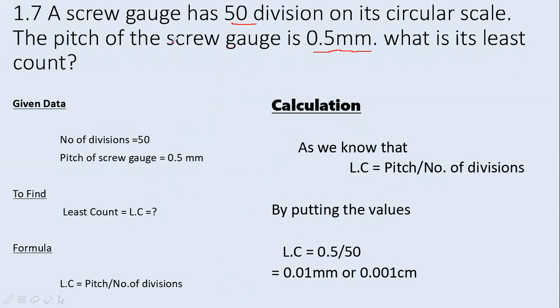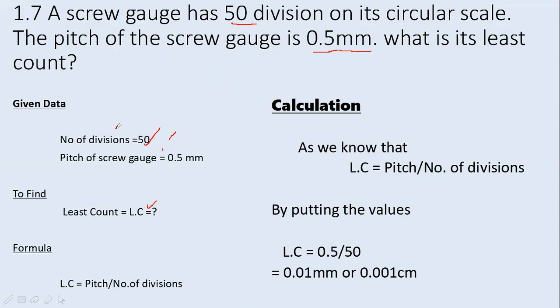So the number of circular scale divisions is 50, the pitch of the screw gauge is 0.5, and we have to calculate the least count. When you give one rotation to the circular scale, it covers a distance of 0.5 millimeter on the main scale.